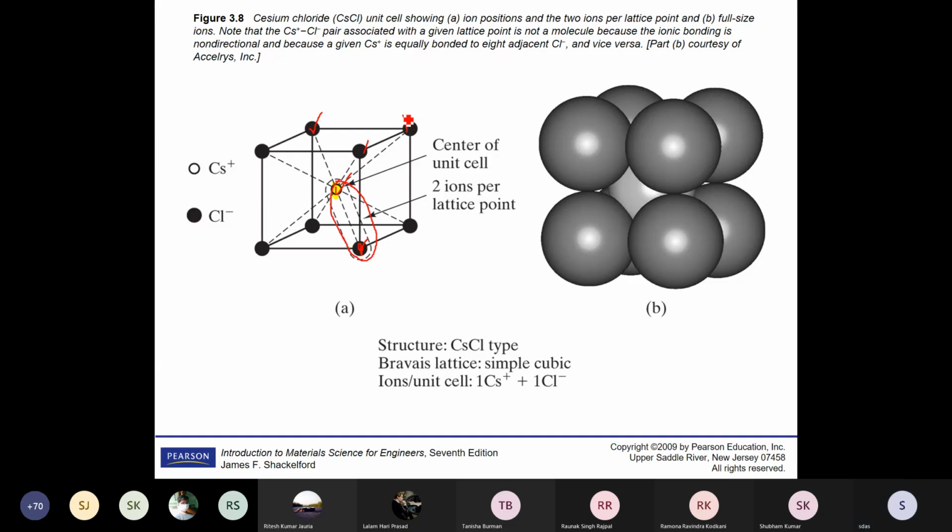Similarly, there will be a pair of cesium ion and a chlorine ion. And this pair will be assigned to this corner point. Similarly, for each corner position of a point lattice, you have a cesium ion and a chlorine ion.